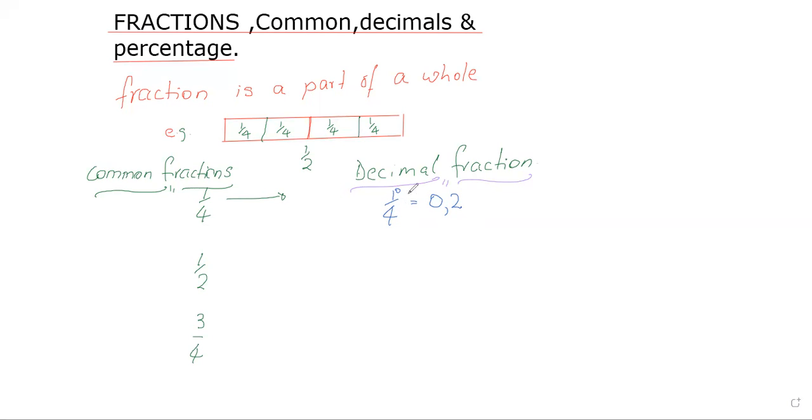So it means from the 10, we are left with a 2. And from that 2, so that 4 can go, we put a small 0 there. 4 into 20 will go 5 times. So 1/4 in a decimal is 0.25.